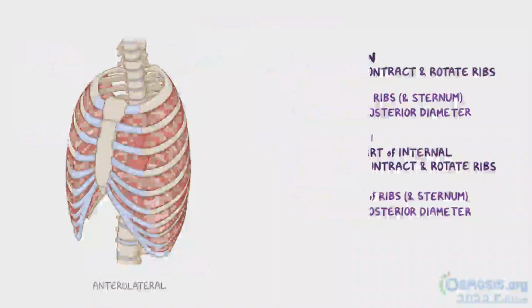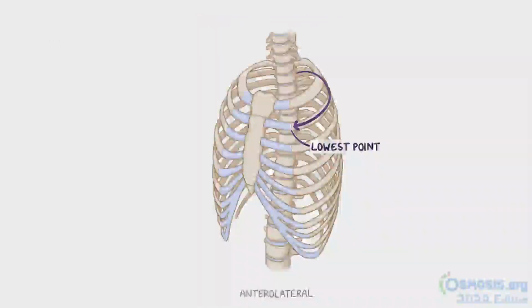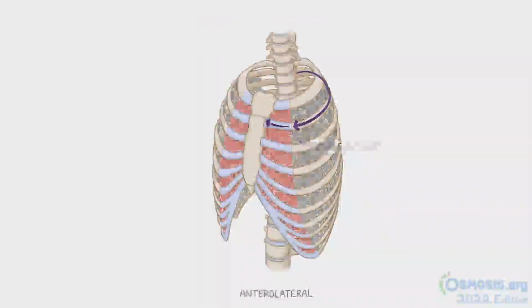This all occurs because as the ribs move postero-anteriorly, they descend as they run towards the sternum. Their lowest point is approximately at the junction with the costal cartilage, and then they ascend toward the sternum. The interchondral fibers of the internal intercostals are medial to this point.